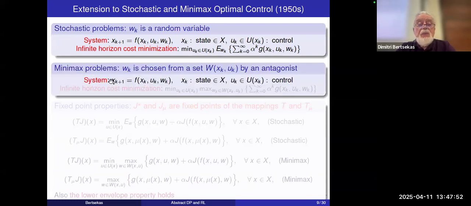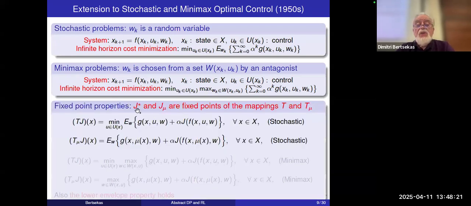And in minimax problems, it's similar, except that wk, the disturbance, is chosen from a set by some antagonist. And the minimization is done against the worst possible choices of the antagonist. So the structure is kind of similar, a little bit more complicated, but with an analysis that has been known since the 50s. You can show that J star, the optimal cost function, and the cost functions of stationary policies are fixed points of mappings T and T mu.